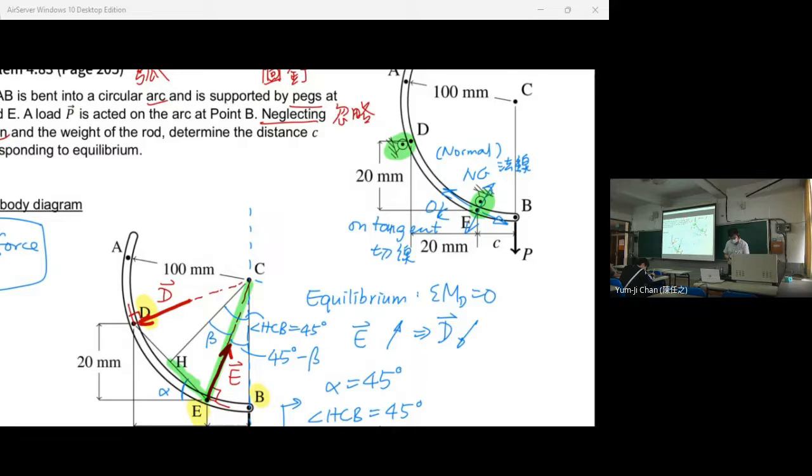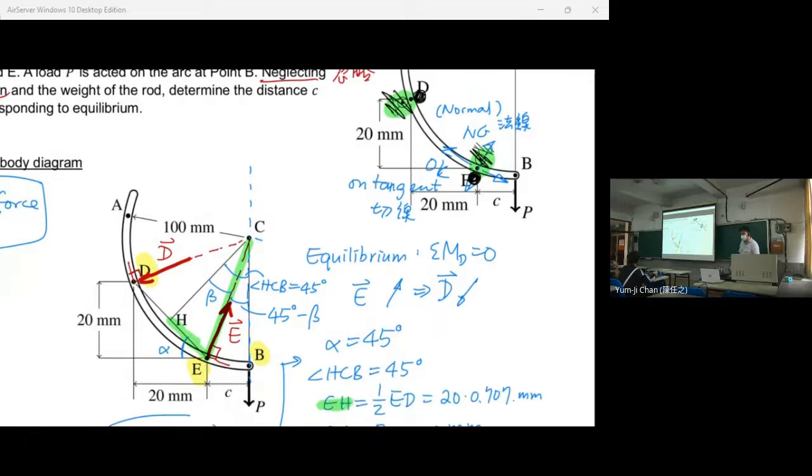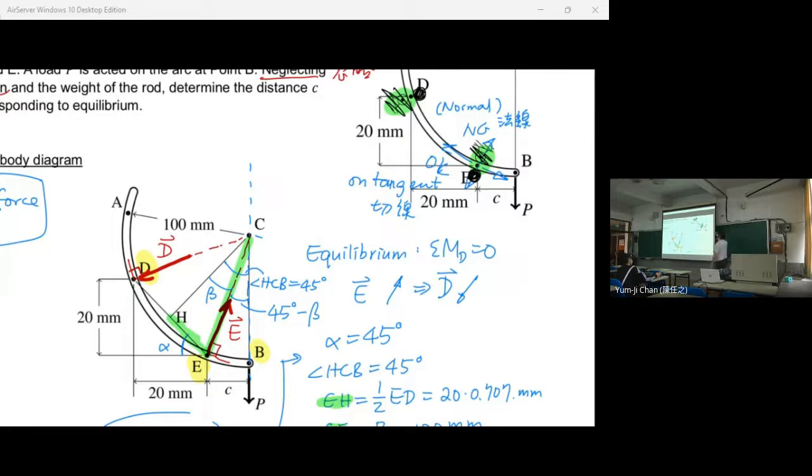The peg at E should be there, and the peg at D should be there. So I drew them in the wrong position. Okay, so E is there and D is there. So we have the 2 forces here, E going here and D going there.